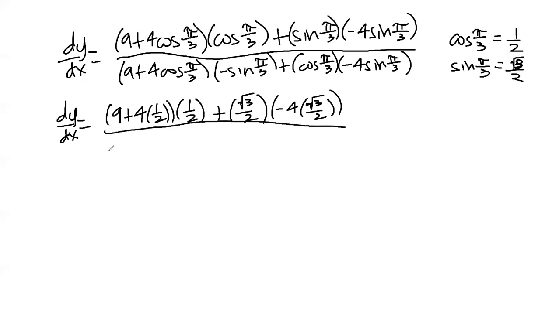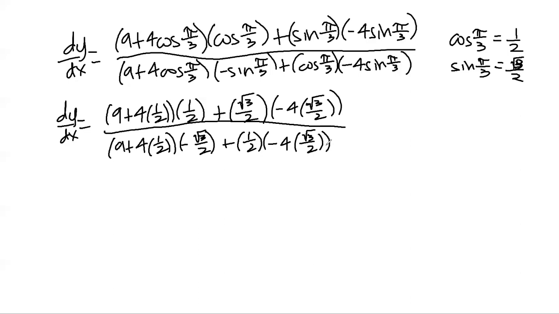And for the denominator, we have 9 plus 4 times 1/2 times negative square root 3 over 2 plus 1/2 times negative 4 square root 3 over 2. Okay, so even though this looks really horrible probably to you, we're done.